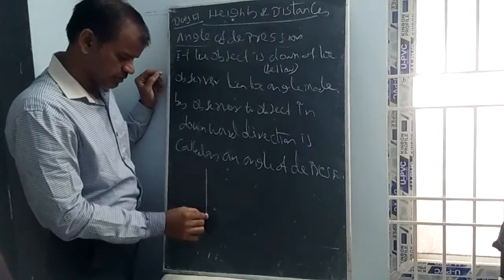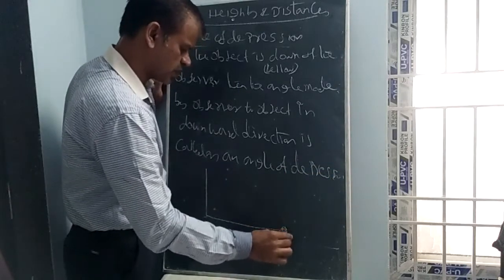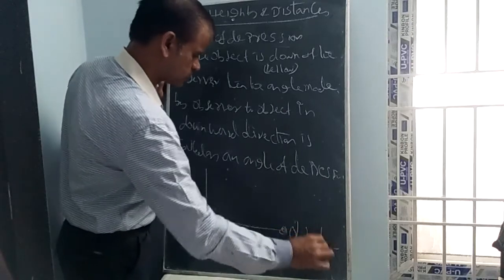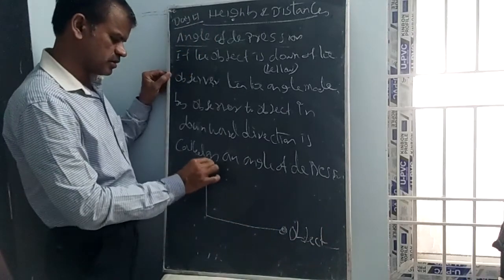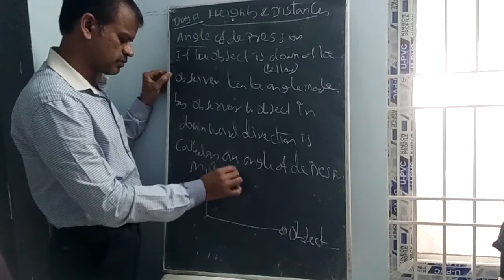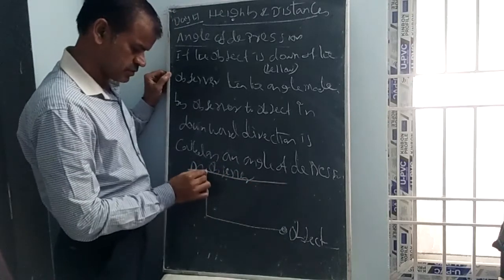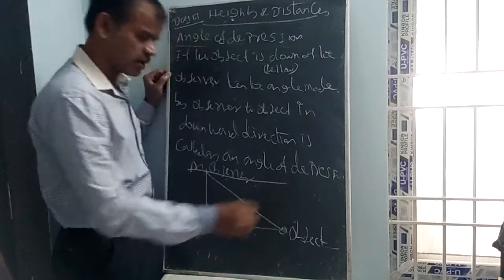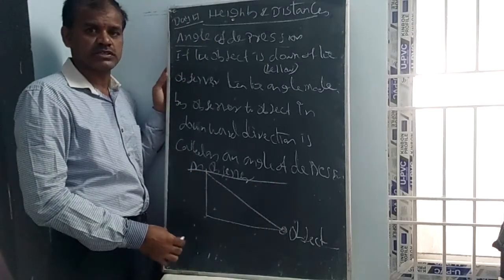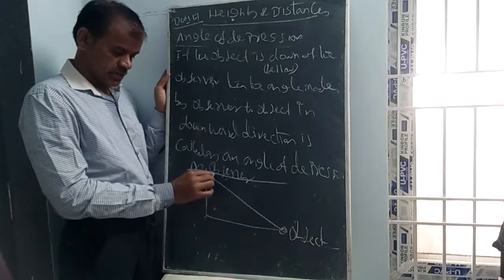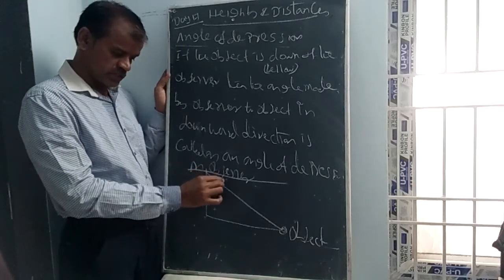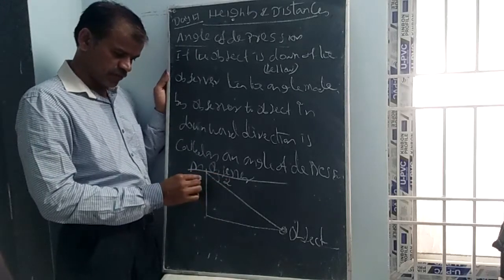Angle of depression. This is the object here. This is a man, the observer. Draw a diagram like this. This is the horizontal line, the line which is parallel to the x-axis. The angle made by the observer, this is called the angle of depression.